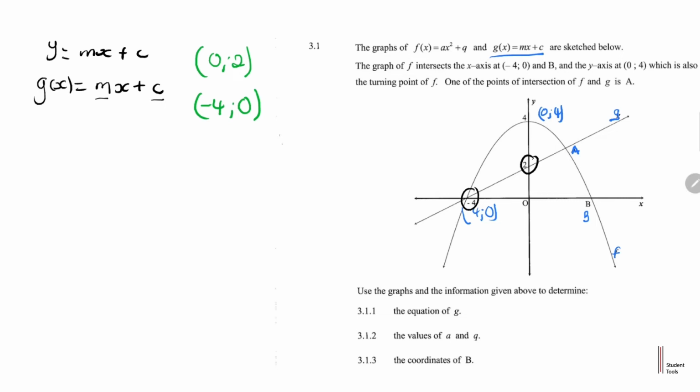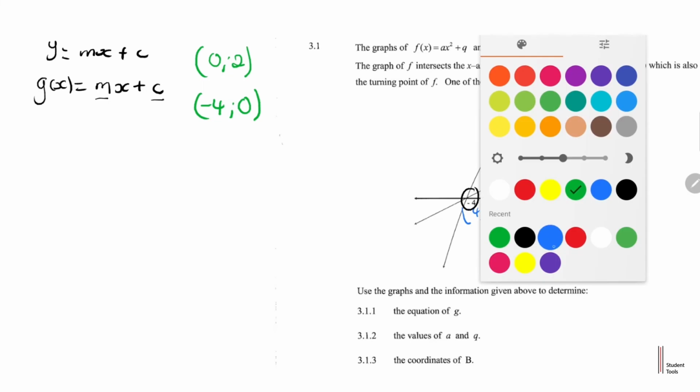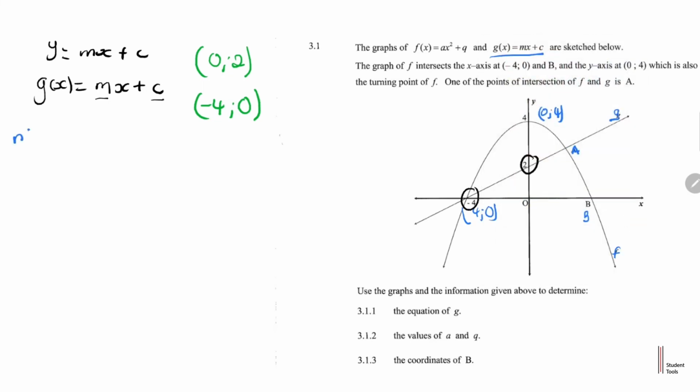To find the gradient, we have this formula: y2 minus y1 over x2 minus x1. We will call this our x1, y1, and this will be x2, y2.